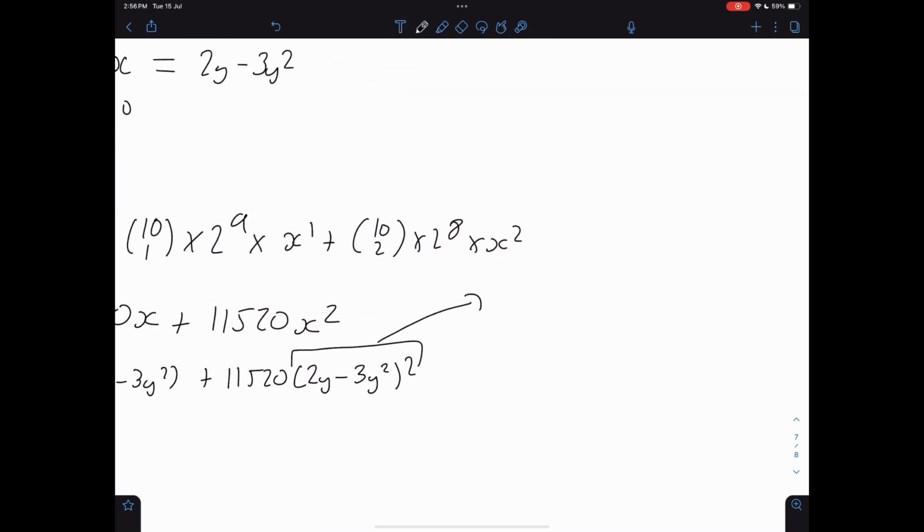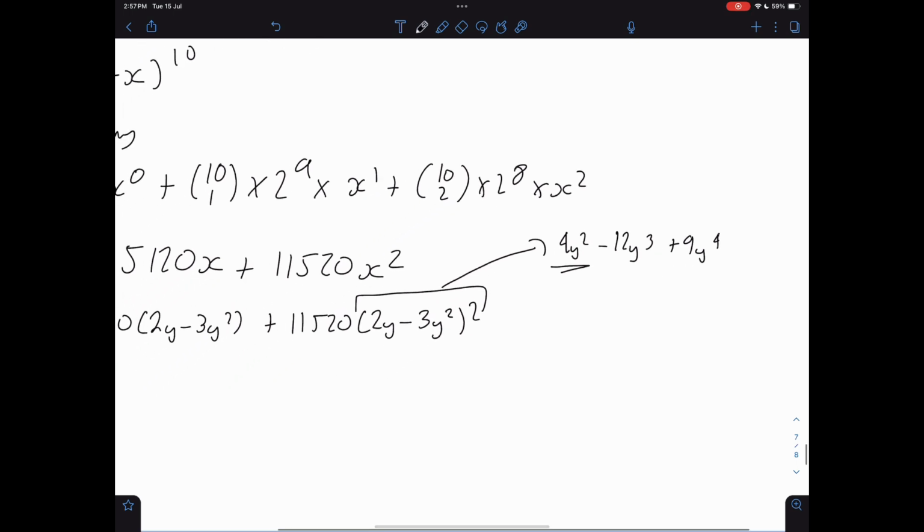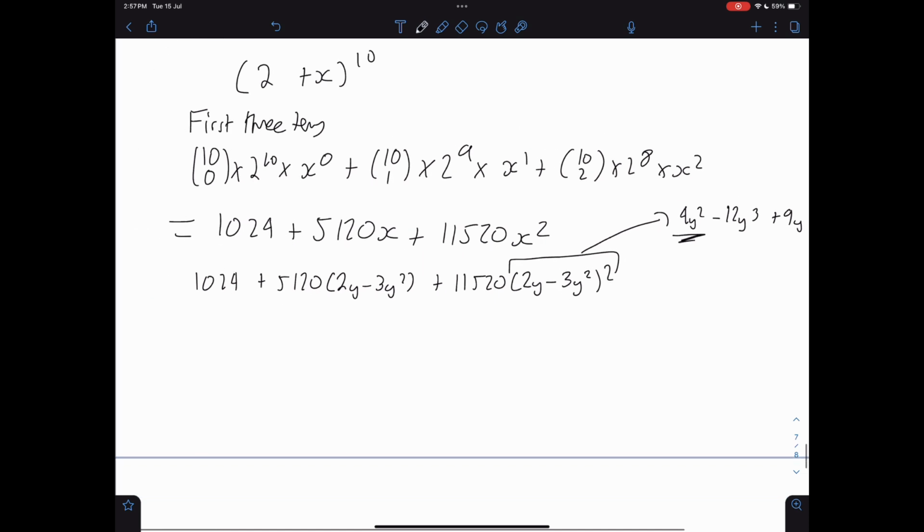So now we must expand this (2y minus 3y squared) bracket squared. So it's going to be 4y squared minus, not 6, it's going to be minus 12y cubed plus 9y to the 4th. So then we only really care about that 4y squared because we're only trying to go up to y squared.